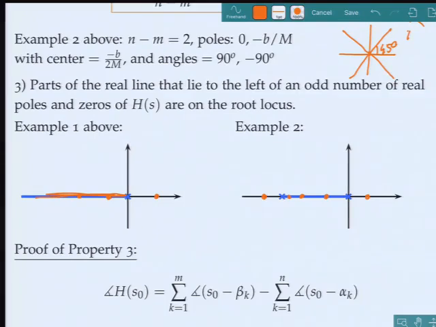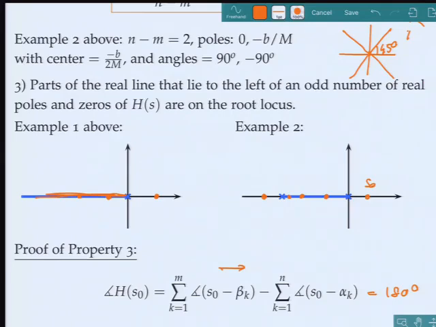Remember, for a point S0 to be on the root locus, we want this to be 180 degrees. If I pick a point S0 here, then to determine the phase of H(s), I'm looking at the phase of my distances, S0 minus beta k, which is the zero, and S0 minus alpha k, which is the pole. If those are all to my left, these are just vectors pointing in this direction.